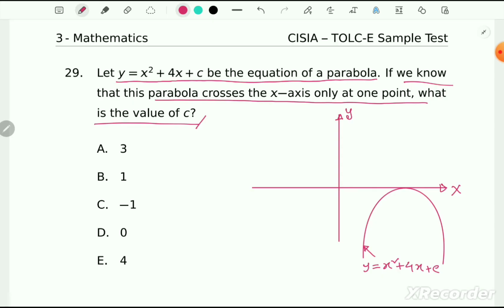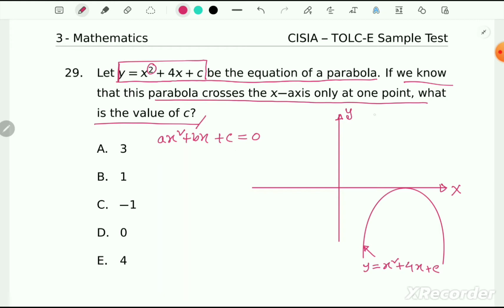Okay, first of all, this equation is a quadratic equation. Quadratic equation means the variable has highest power 2. Generally we can write it ax square plus bx plus c equal to 0. This is a kind of quadratic equation.